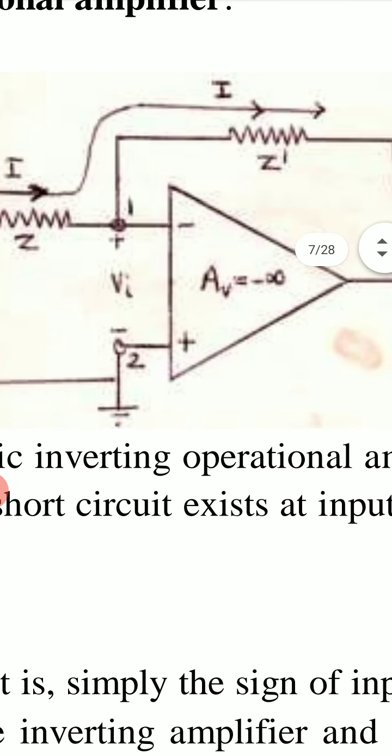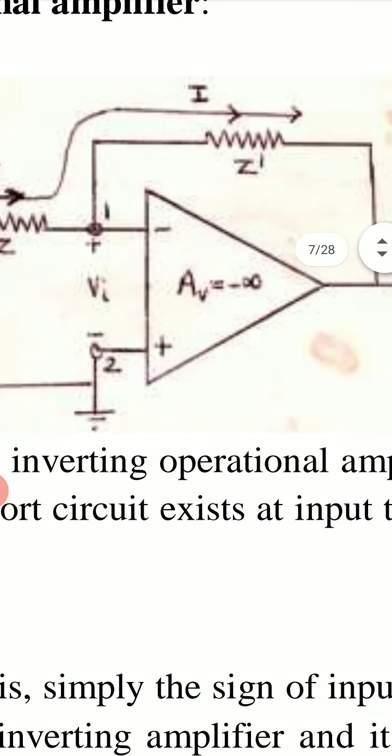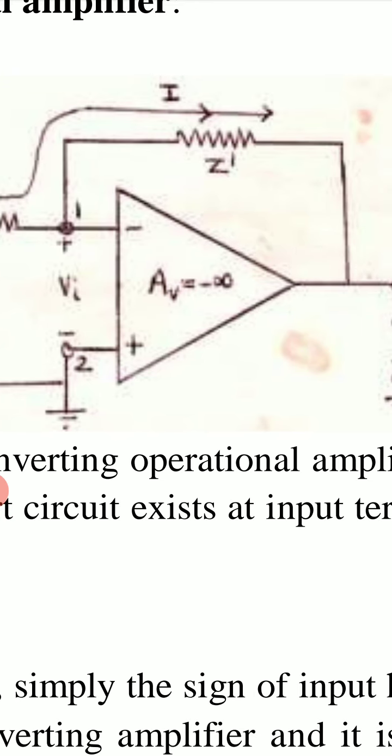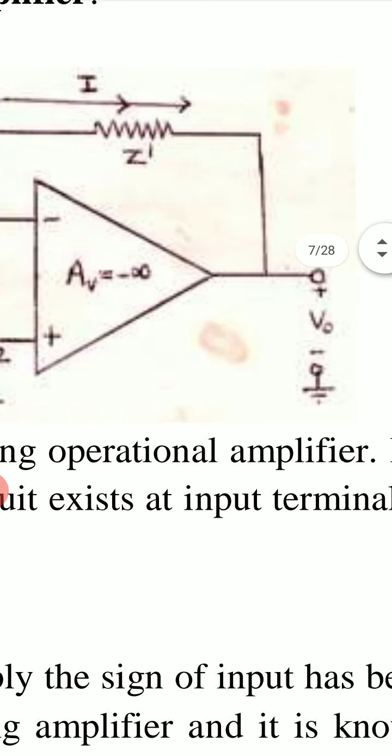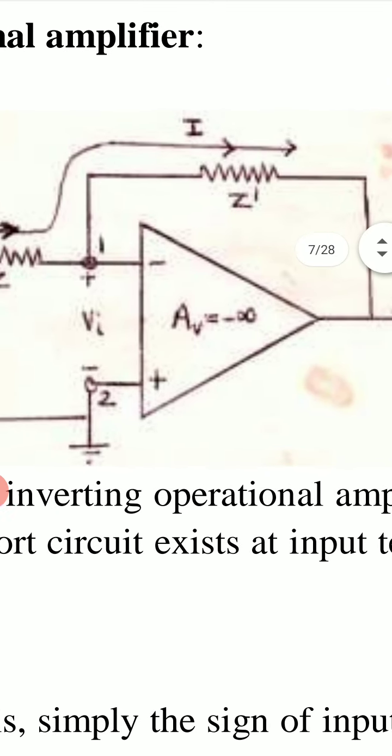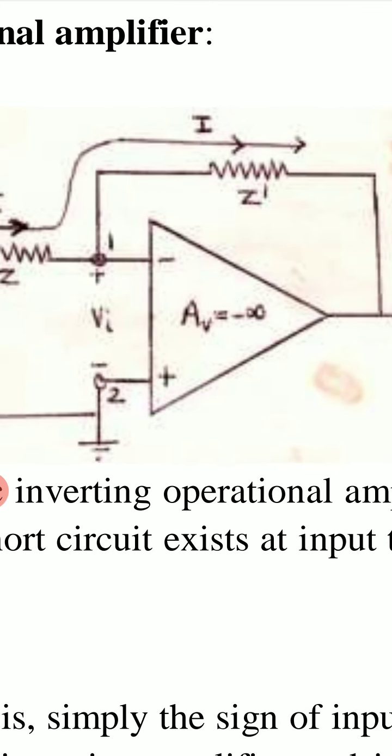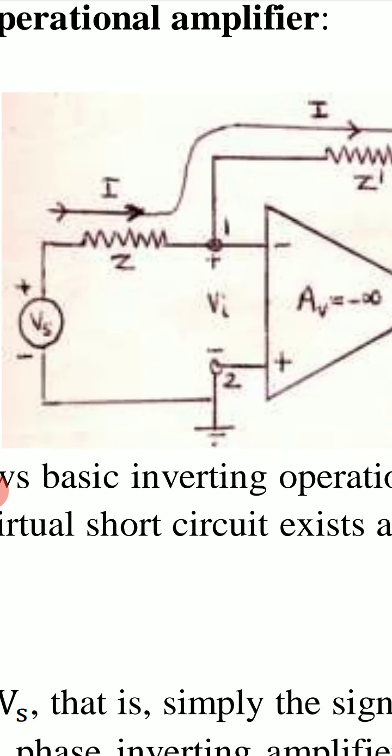Z dash is impedance through which feedback from output is added to inverting terminal 1, and Z is impedance through which input signal voltage Vs is applied to inverting terminal 1.